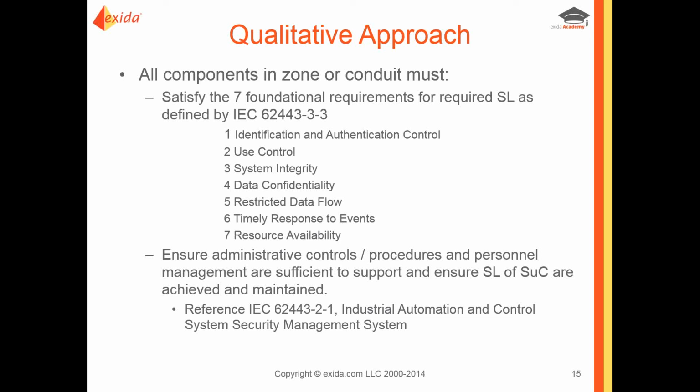In order to look at the administrative control piece, there is some guidance in 62443 2-2. However, it's pretty qualitative, and unlike 3-3, it's not really defining things in terms of security levels. So end users are a little bit on their own.